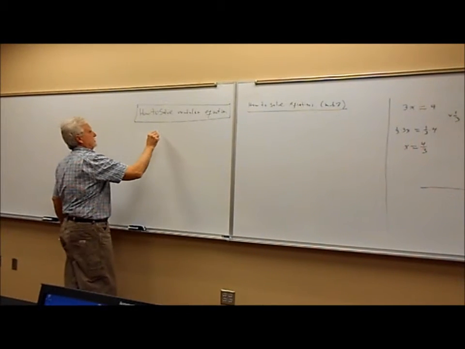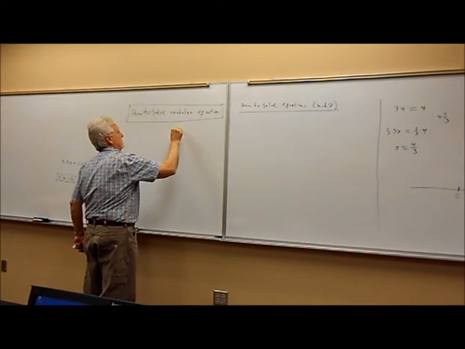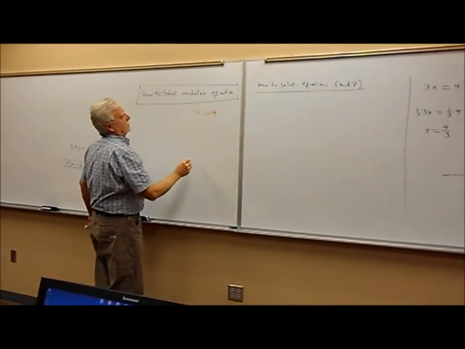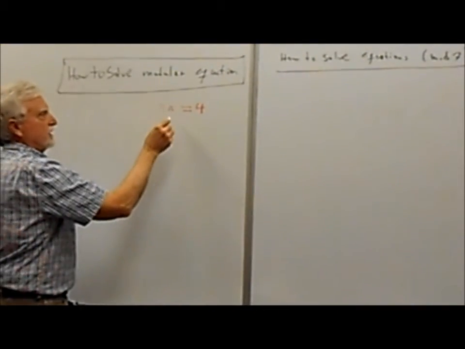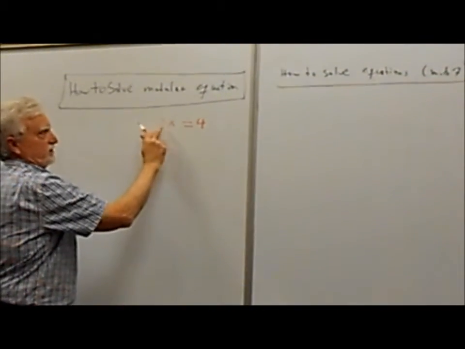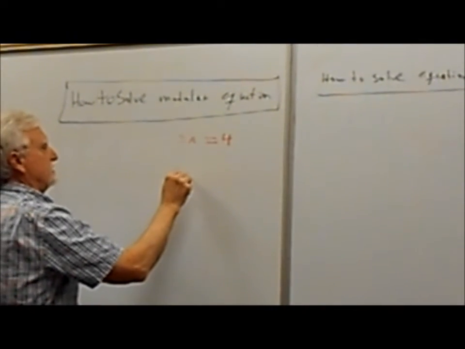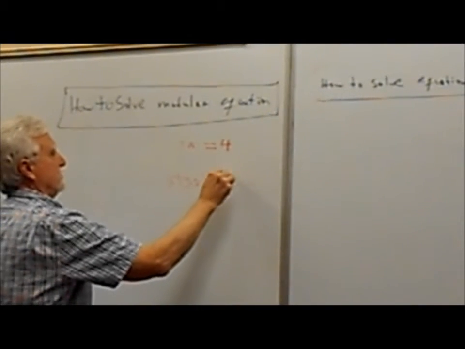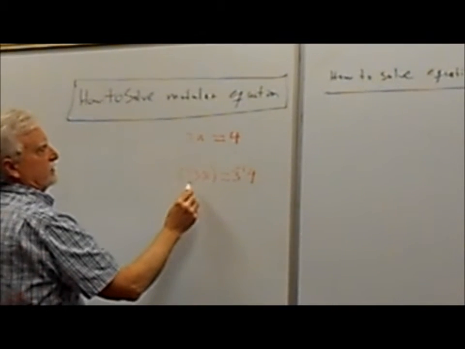So suppose you had this equation in real number arithmetic, 3x equals 4. What we would do is multiply both sides of this equation by the multiplicative inverse of 3, which I'm going to denote by 3 to the minus 1. 3 to the minus 1 times 3x equals 3 to the minus 1 times 4.